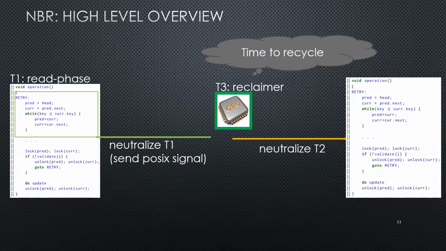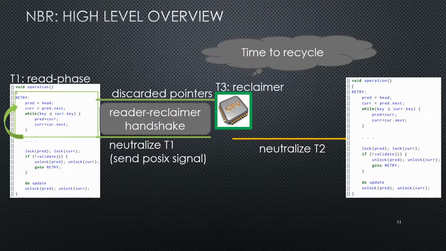In doing so, it promises the reclaimer that it will discard any pointers it might hold into T3's retired buffer. So this is a reader reclaimer handshake, where T3 neutralizes thread T1 in the read phase, and T1 guarantees back to T3 that it has given up all the pointers, so that T3 can go on and reclaim its records.